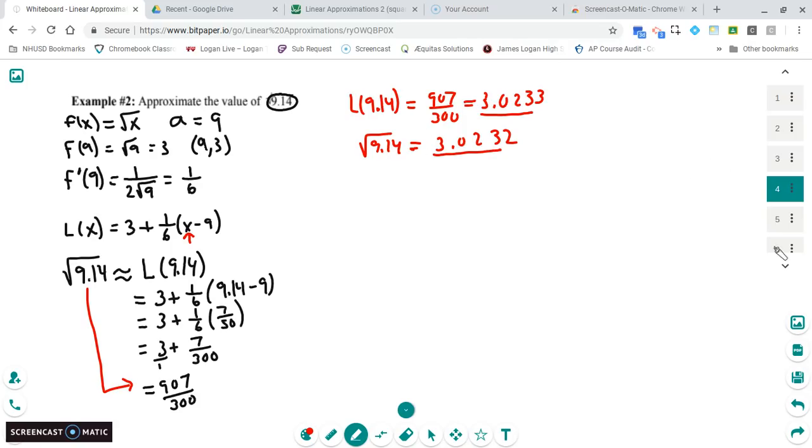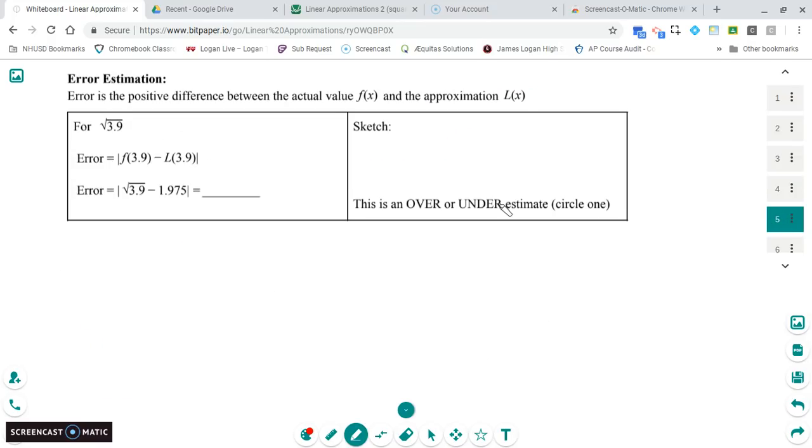Okay, let's take a look at another example. Oh, before we do that, let's talk about some error estimation. So when we took a look at square root of 3.9 and we want to calculate that error, that gap between the actual function, f of 3.9, and our linear approximation, we simply do a subtraction to find the error. And we take the positive difference. That's why it's in absolute values.